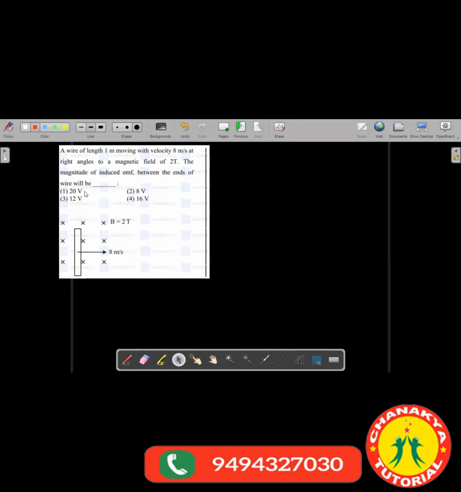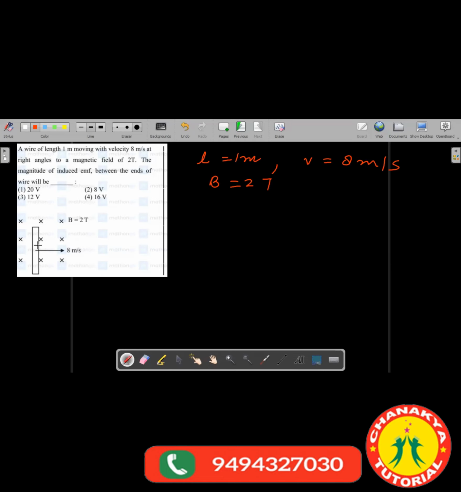You have a wire of length L equal to 1 meter, moving with a velocity of 8 meter per second. The magnitude of the magnetic field is given as 2 Tesla. You have to find the magnitude of the induced EMF between the ends of the wire.